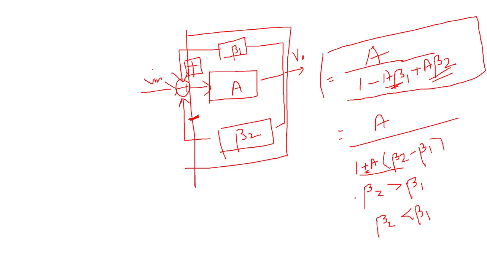If the positive feedback factor is higher, the entire system will be positive feedback. If the negative feedback factor is larger than positive feedback, then the entire system will be a negative feedback system. That is how we decide whether it is positive or negative. I guess it's clear.